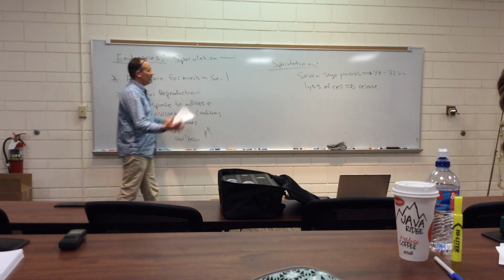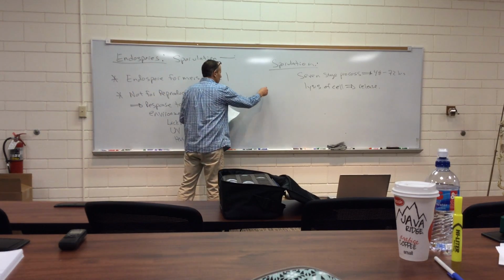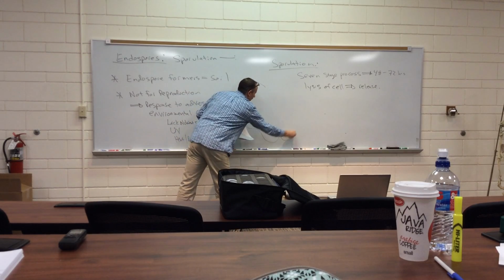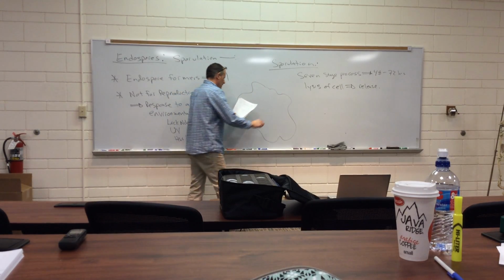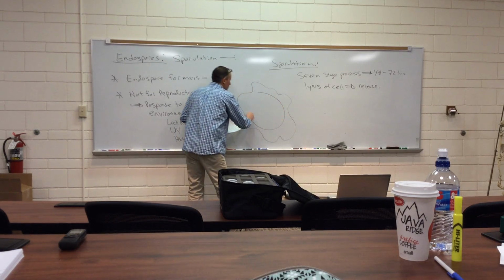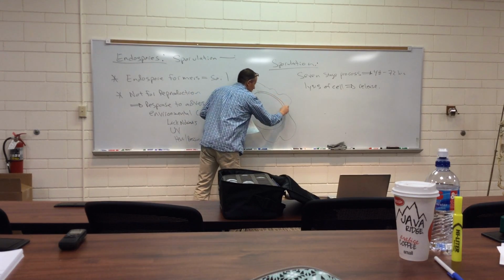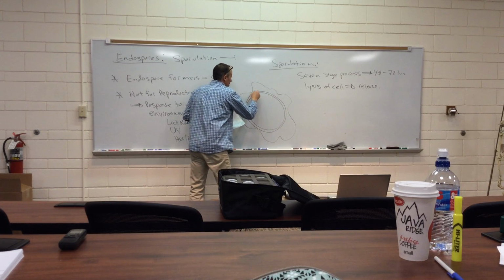Now, we've talked about the morphology of this bad boy, so if you take a look at the morphology, it has this really, really tenacious outer exosporium coat. Inside of this, we have what's called the spore coat proteins, which is right on the inside.